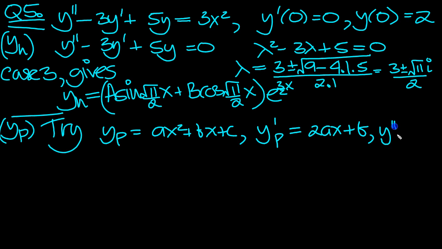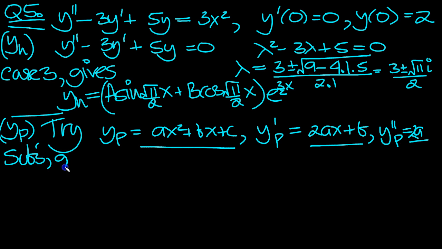And y double dashed, we need that also. It will simply be just 2a, because the b goes to 0 and x goes to 1, so 2a lots of x is 2a. So there are our values. So substitution then gives, let's sub it into the equation and see if we can determine the values of a, b and c.